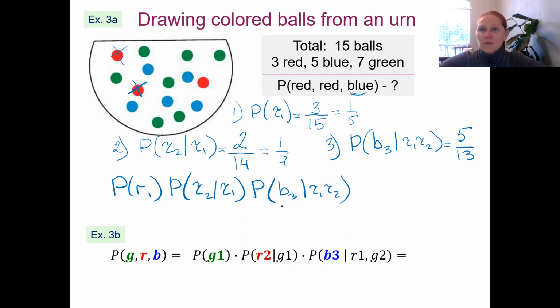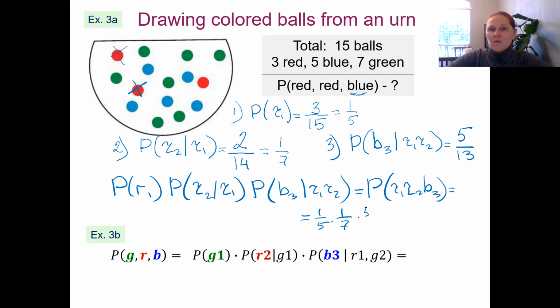When we multiply all these probabilities, we get the probability of the intersection, the probability of first red, second red, third blue. So this is the probability that we actually want to find. It is equal to the product 1 over 5 times 1 over 7 times 5 over 13.